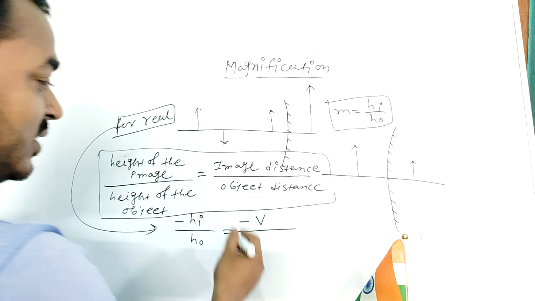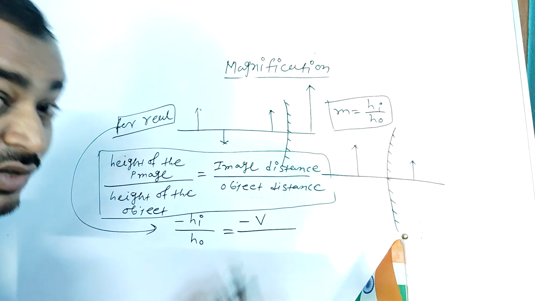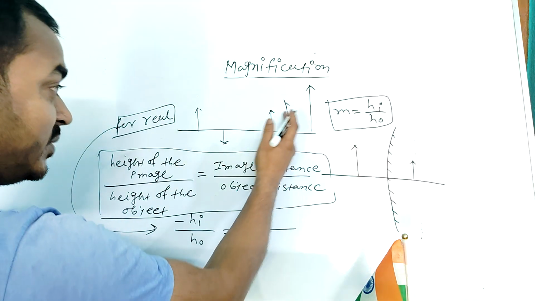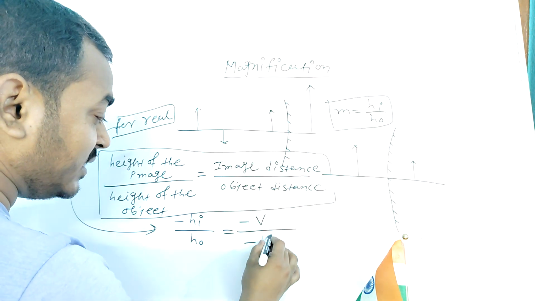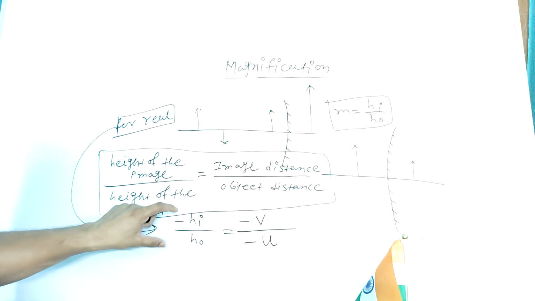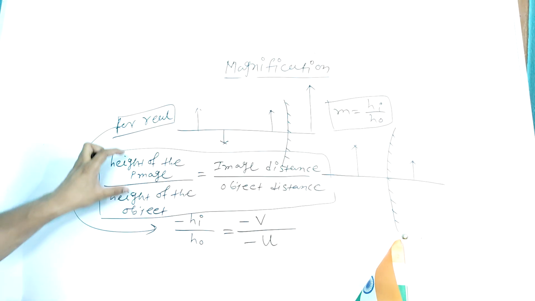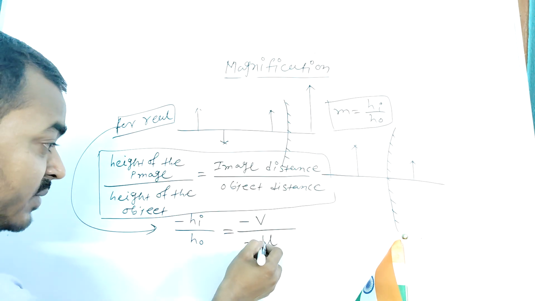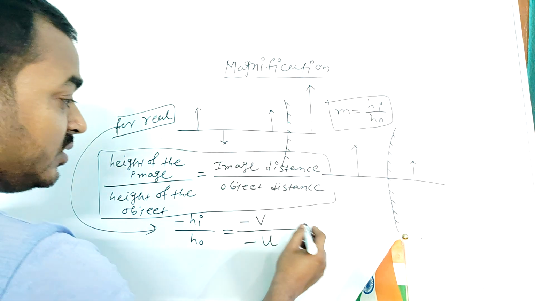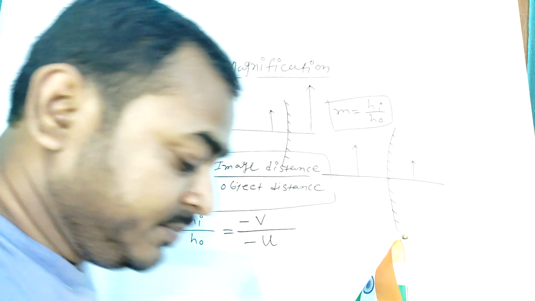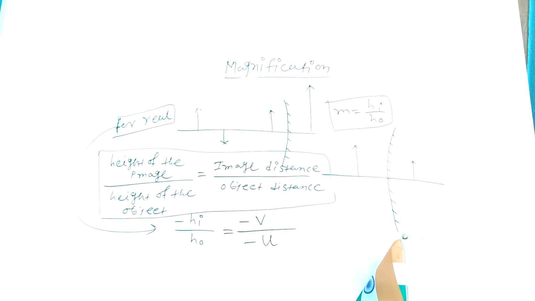Object distance is U, and it is also negative, so minus U. So height of the image by height of the object is image height by object height, magnification. So see, these minus signs cancel. Is it visible? Visible, but the quality is very bad.